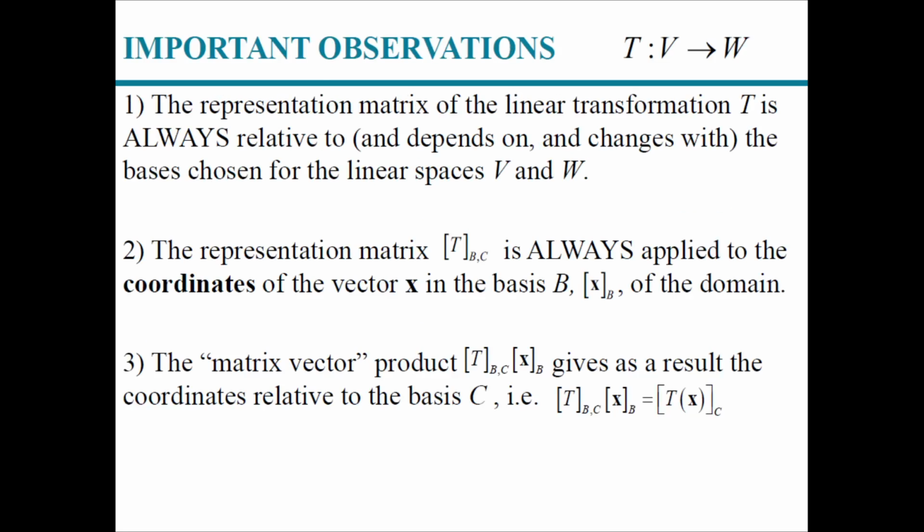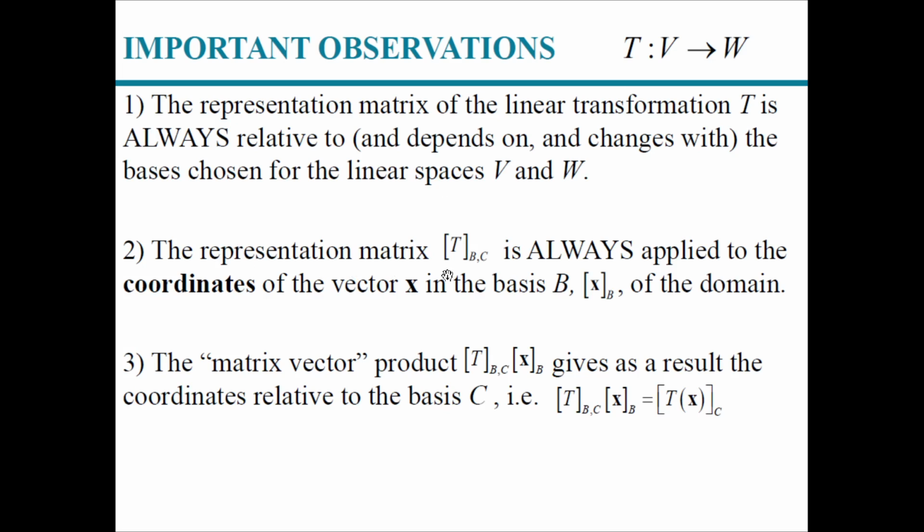The important reminders are that the representation matrix works on the coordinates, and it's always relative and depends on the basis we choose for the domain and the codomain. Each time a basis changes for domain or codomain, our representation matrix will change.